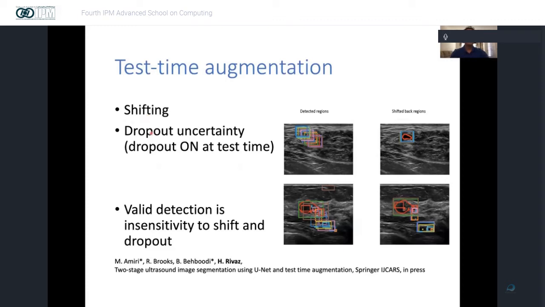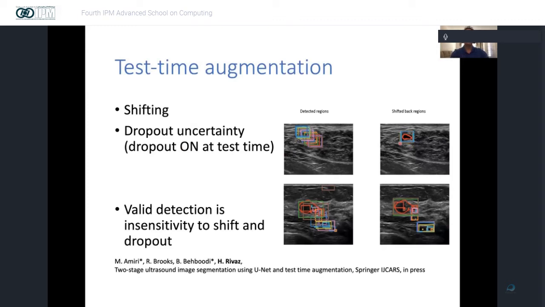And then we also performed dropout during test time. Our hypothesis was that if these segmentations and detections are reliable, then during shifting, if we shift the mask back after shifting, we should always get the same mask.